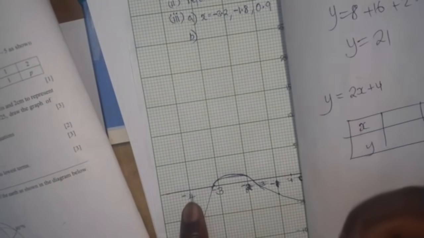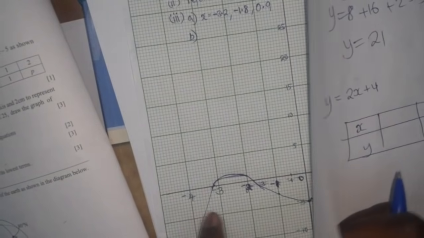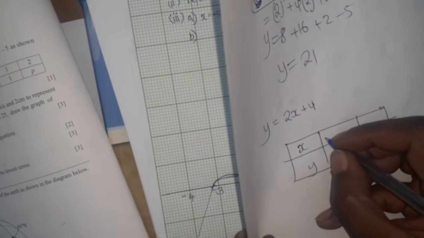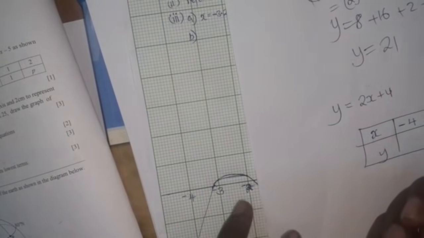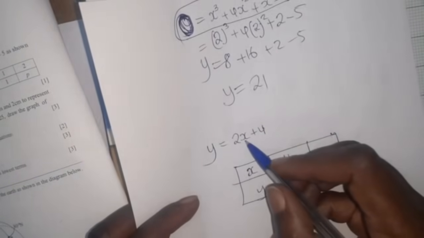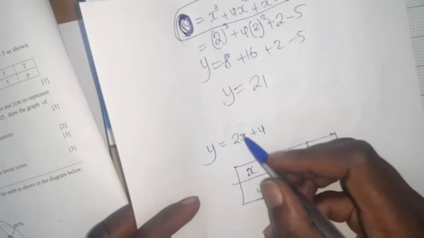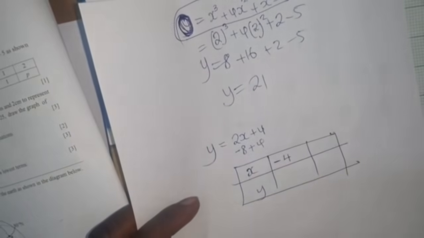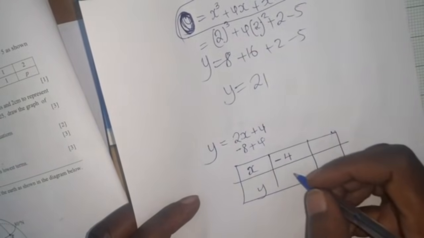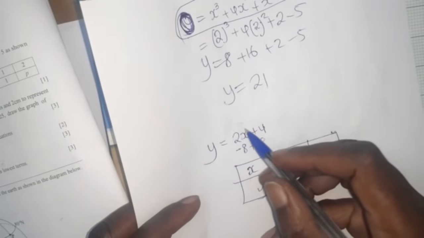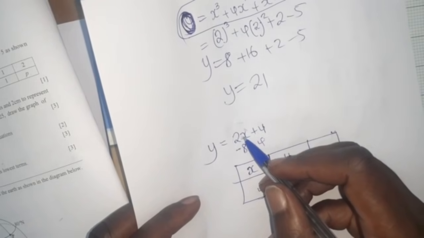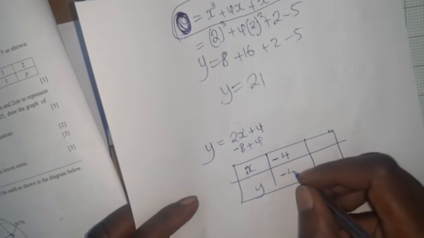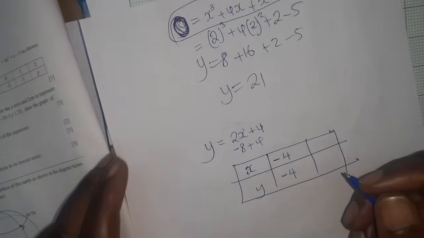When the x coordinate is equal to negative 4, I want to get the first coordinate. You put negative 4 here, you're going to have negative 8 plus 4, which gives negative 4.